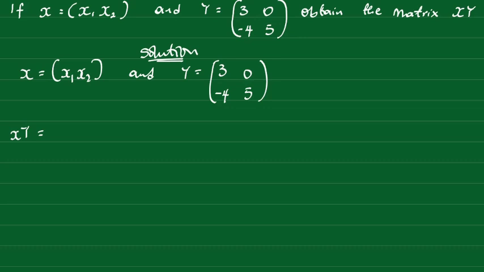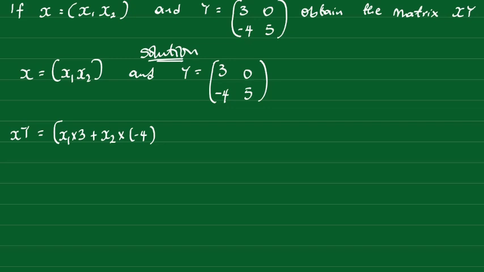And as we recall, in a multiplication of matrices, the operation is carried out by multiplying our rows against a column, a row against column. So we open a bracket. We have x1 times 3 plus x2 times (-4).